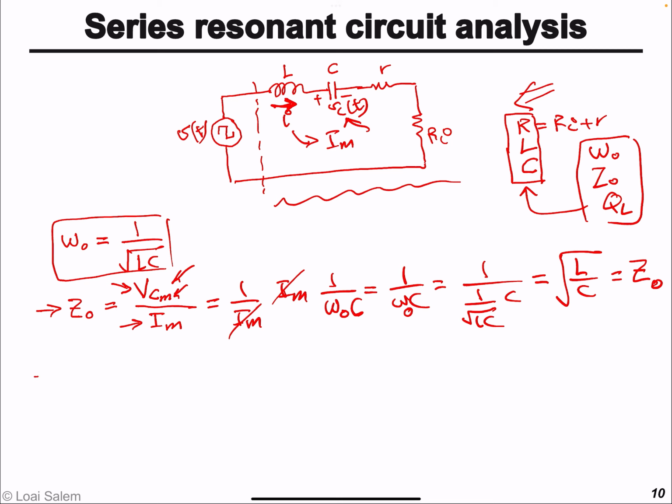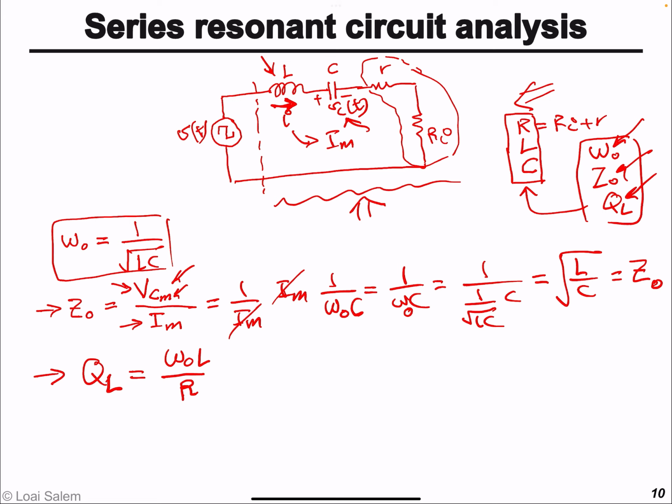Next, we have the loaded quality of the circuit. We defined omega node and Z node. Now what's QL? L stands for loaded quality. For an RLC circuit, the quality factor can be expressed in terms of the reactance of the inductance, the ratio between omega node L divided by R, where R is essentially R small plus Ri.